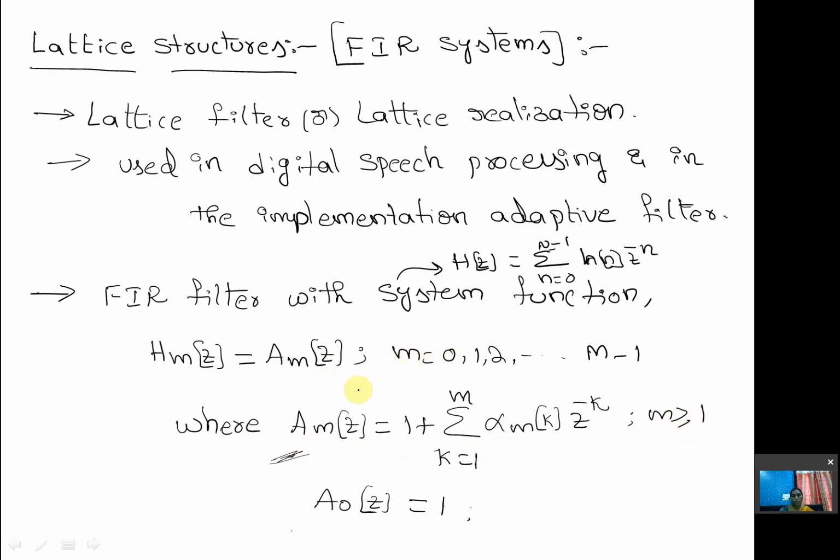So if m = 0, just take am of z as 1, that means h of z is equal to 1 for m = 0. That's why the equation looks like this. So don't confuse, just practice and then you can easily understand this one.